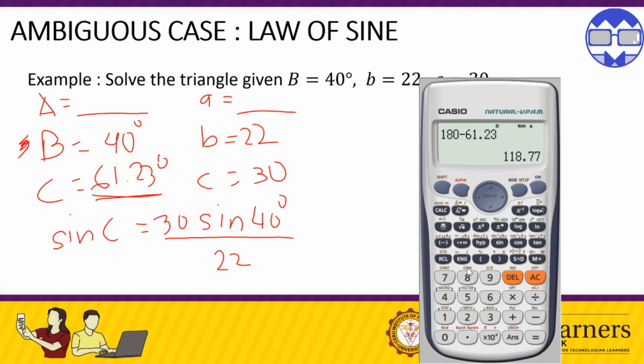So this implies that we have two possible values for C. Let's check 61.23 plus whatever is your given angle, 40. This is still less than 180 degrees. So if it's less than 180 degrees, there are two solutions.